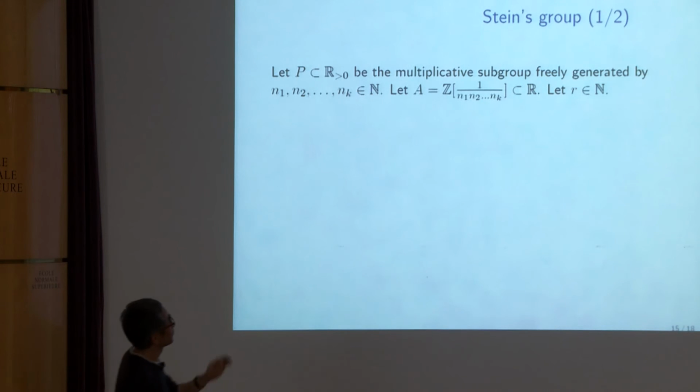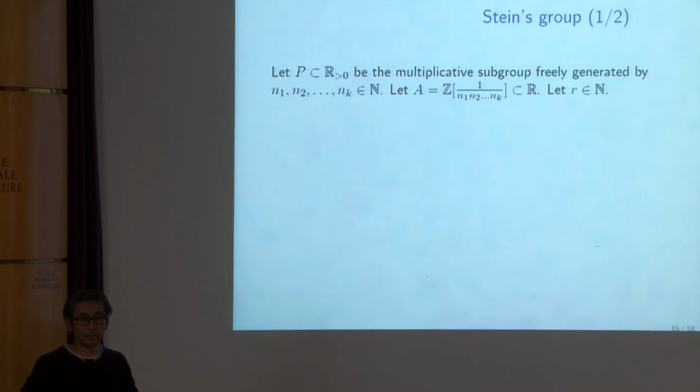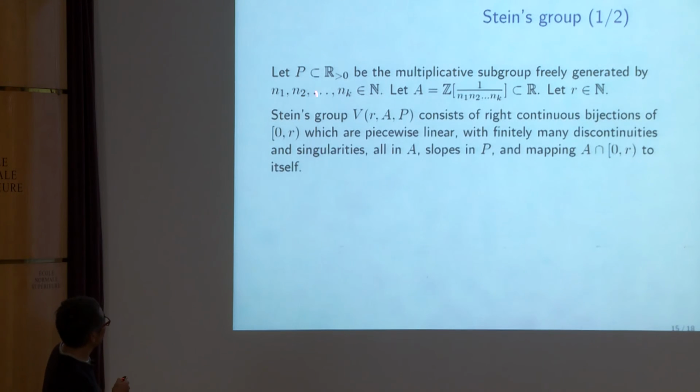So next, let us consider another generalization of the classical Higman-Thompson. It was considered by Melanie Stein. Let P be the multiplicative subgroup freely generated by these natural numbers.